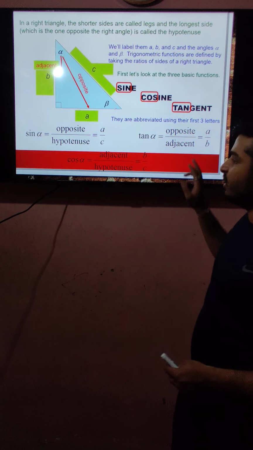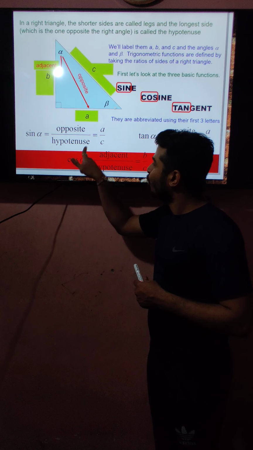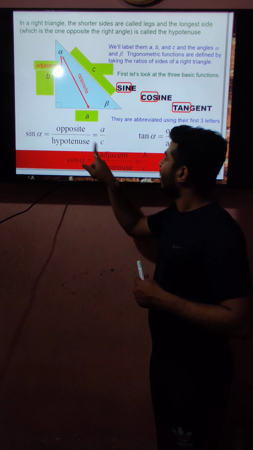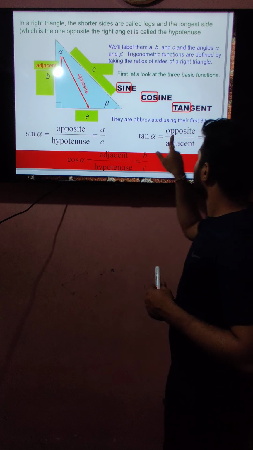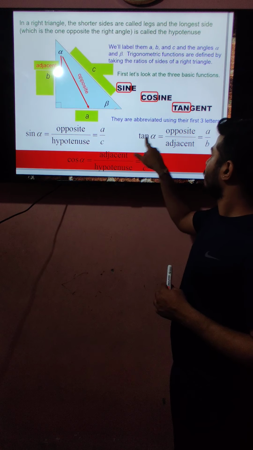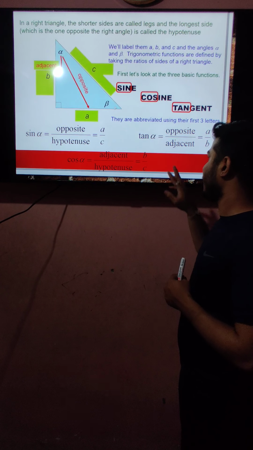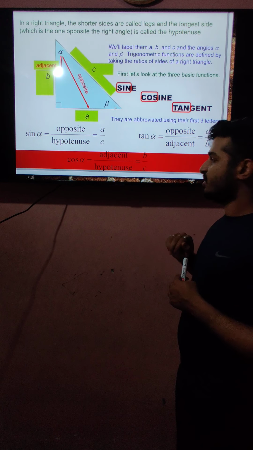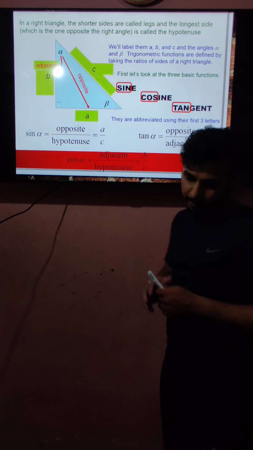You nullify the hypotenuse, and write opposite over here and adjacent over here. So tan alpha is equal to opposite divided by adjacent, that will be equal to A by B.